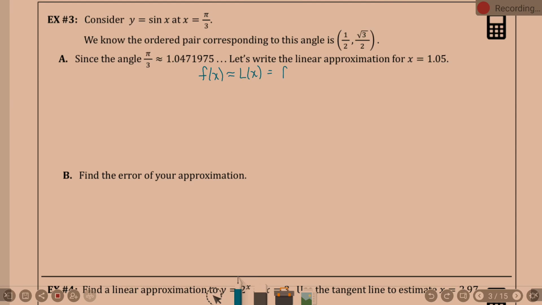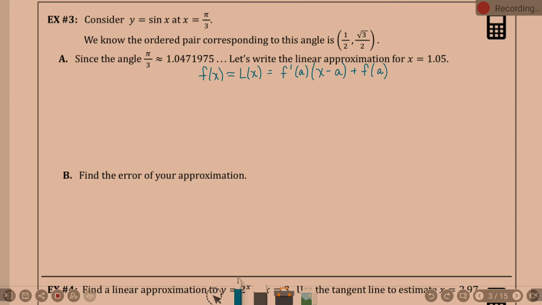It was f prime of A times x minus A, and then plus f of A. Oh, they had the f of A out front, didn't they?